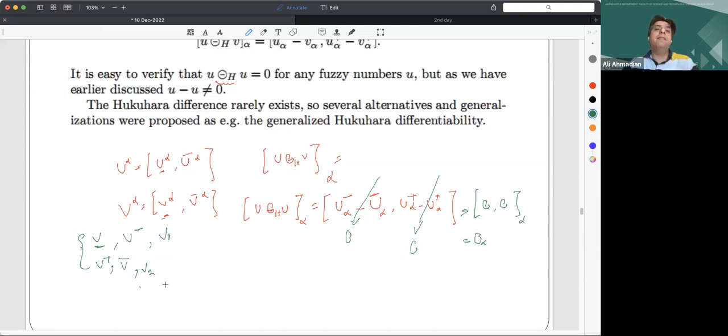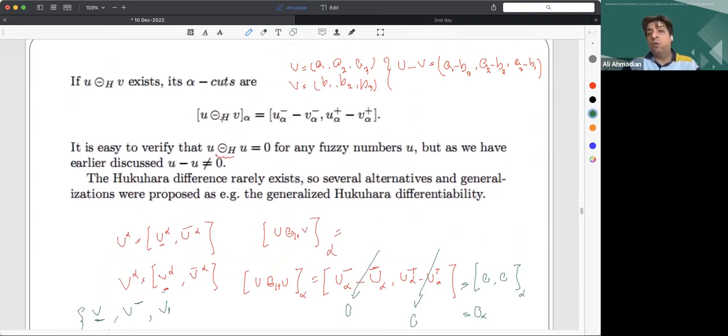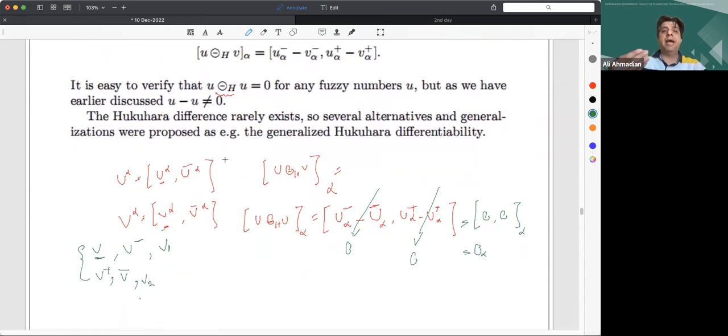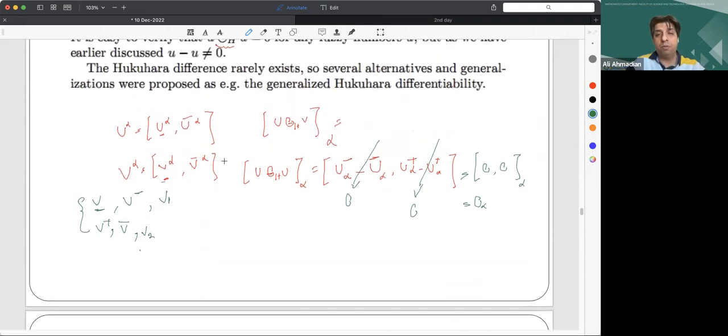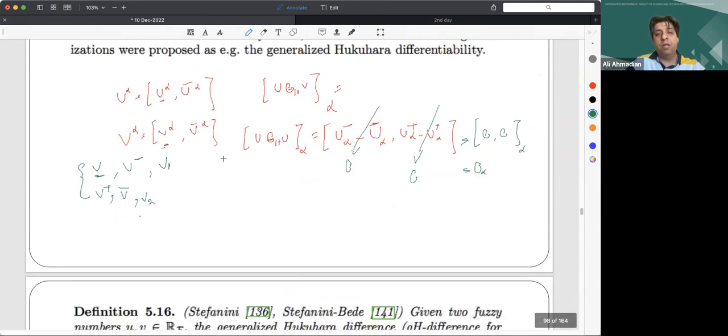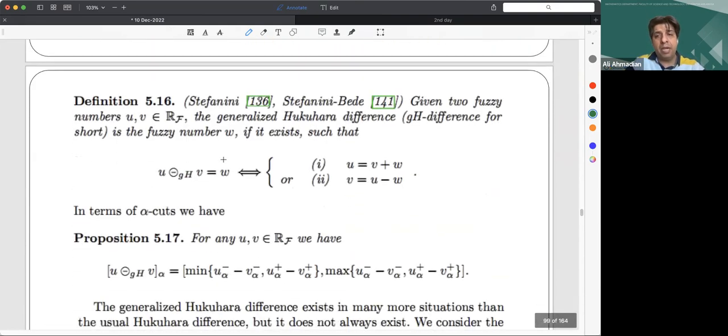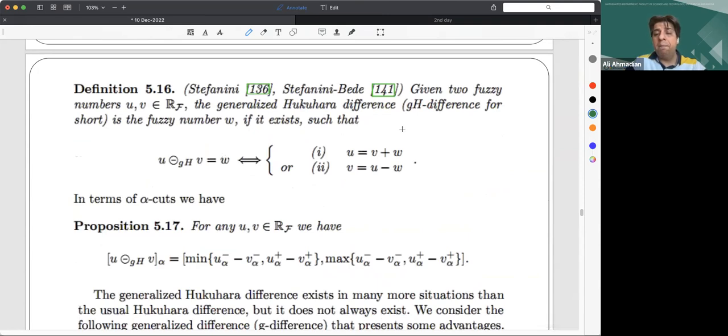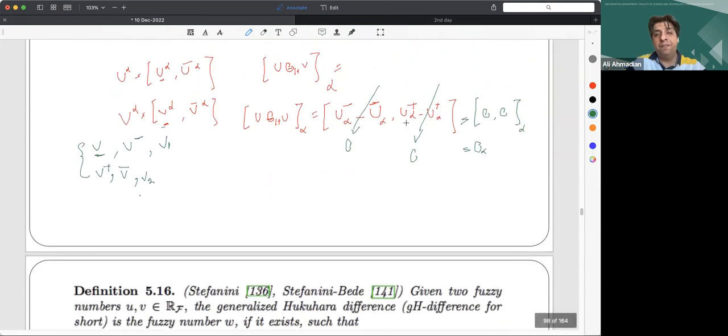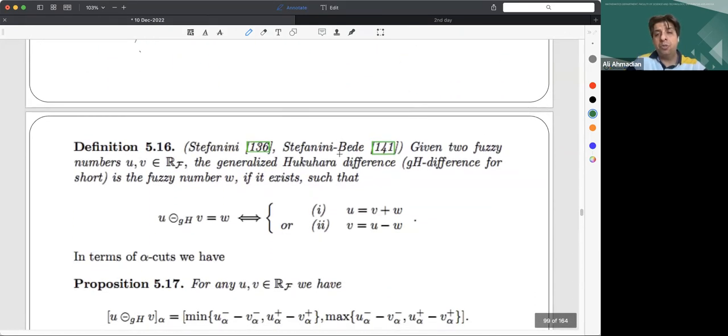So you found what the meaning of the Hukuhara difference is. At first I wanted to give you this approach. Maybe later we have other definitions, but the most important one we have is this one. Then in 2009, another revision of the definition was proposed by these two guys, Stefanini and Bede, okay?